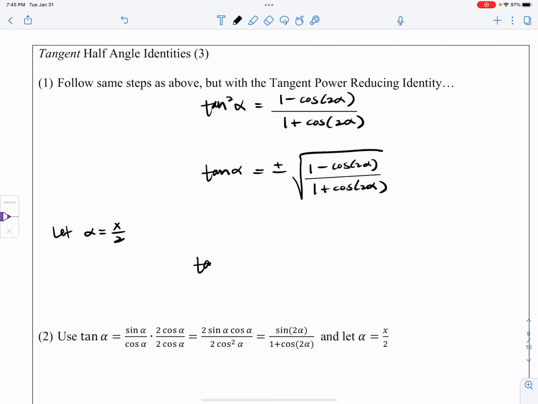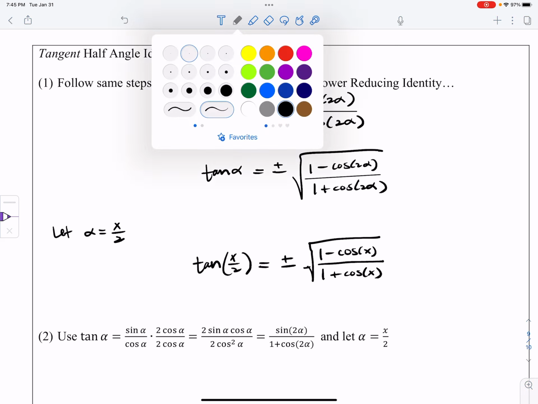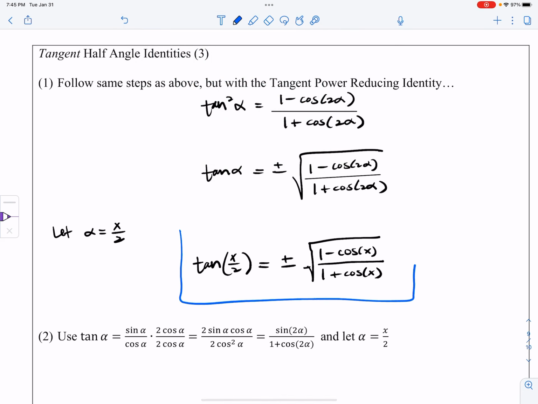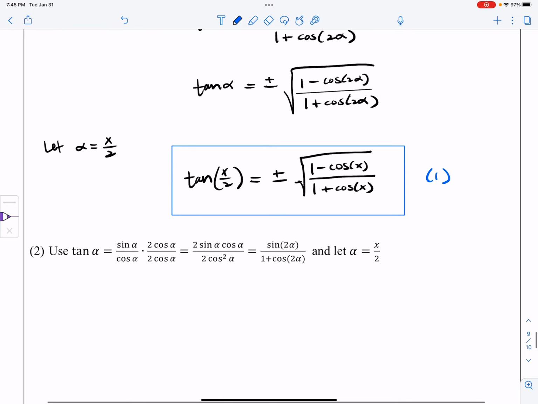So we would get tan of x over 2 is equal to plus or minus the square root of 1 minus cosine x over 1 plus cosine x. That's the first one. So this is our first half-angle identity for tangent.